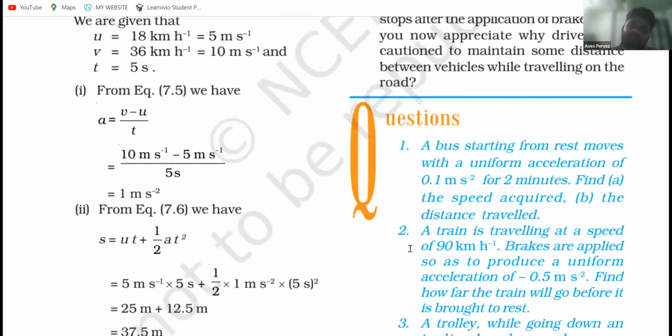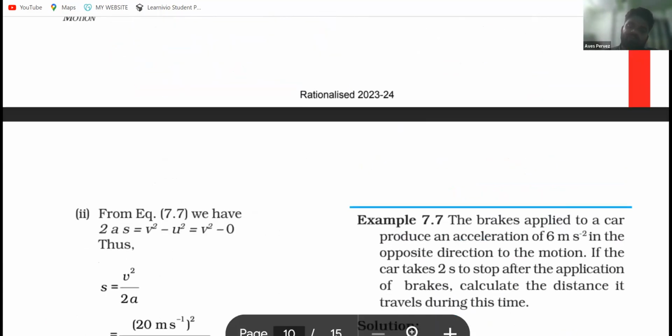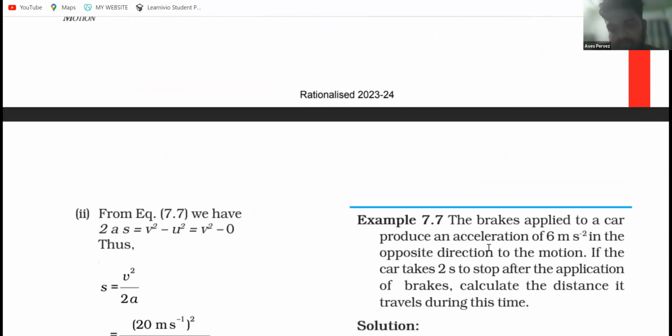Now do this last question. This is last. We'll end the class. Do question number 7.7. Example 7.7. Sure, sir.